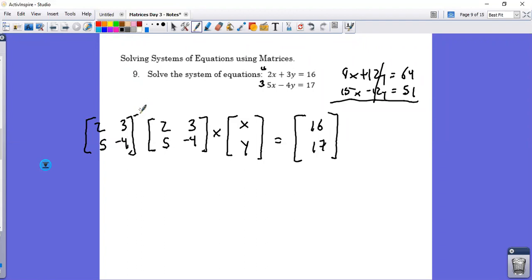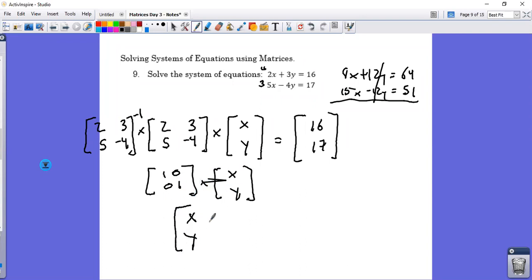If I did the inverse of that matrix and multiplied it by this 2 by 2, I'm going to get 1, 0, 0, 1 times x, y, which 1 times x would be x, 0 times y would be 0, 0 times x would be 0, 1 times y, so that would just leave you x, y.